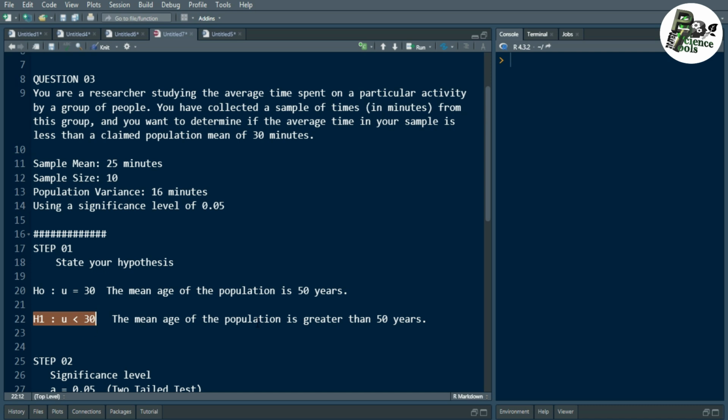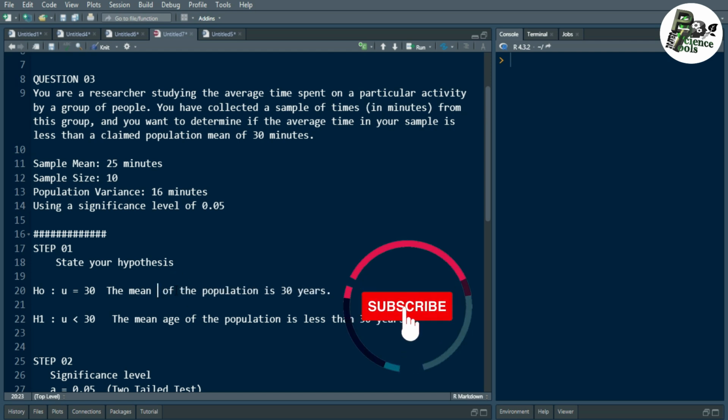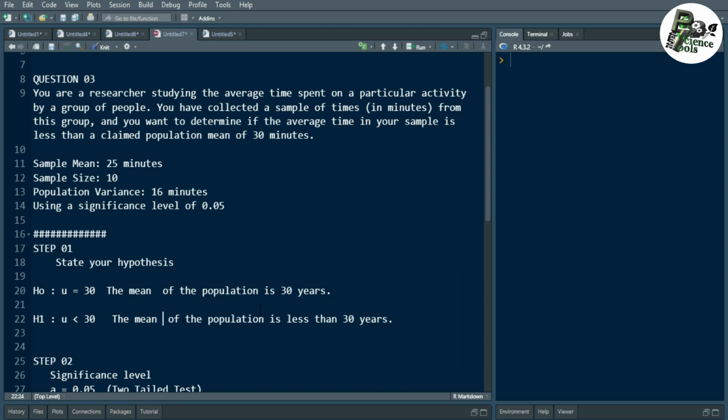So the null hypothesis is that the mean of the population is 30, but in the alternate hypothesis the mean of the population is less than 30.